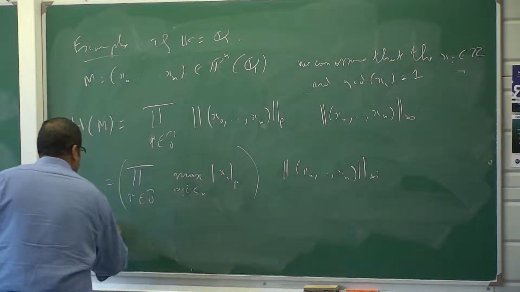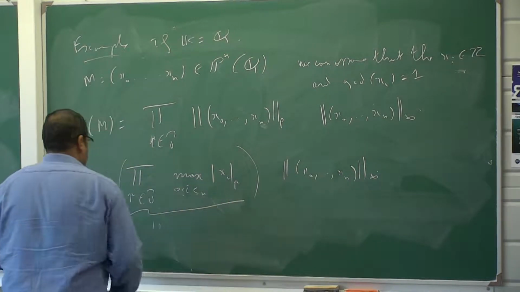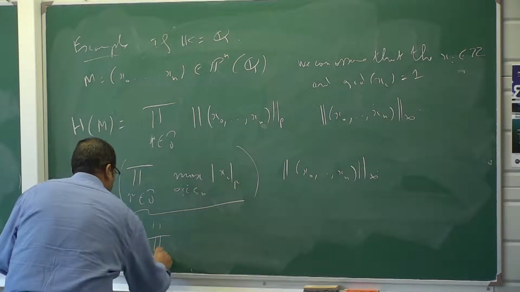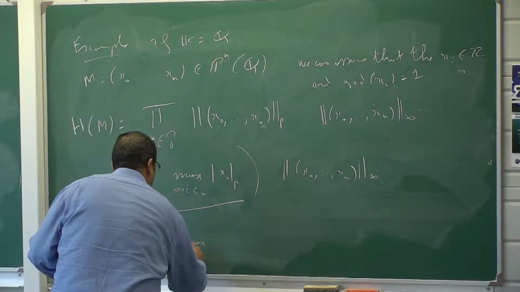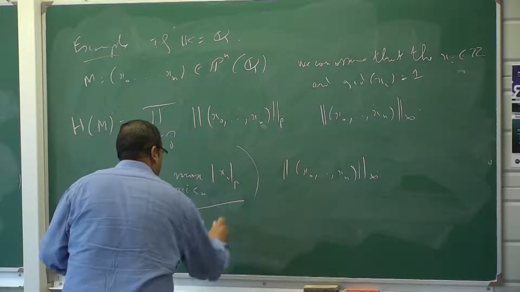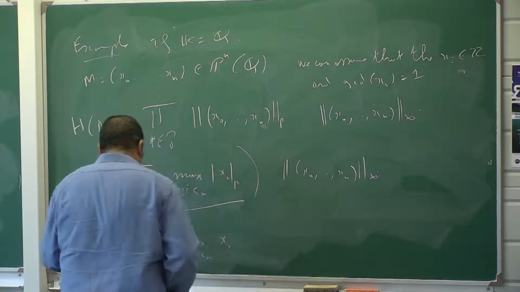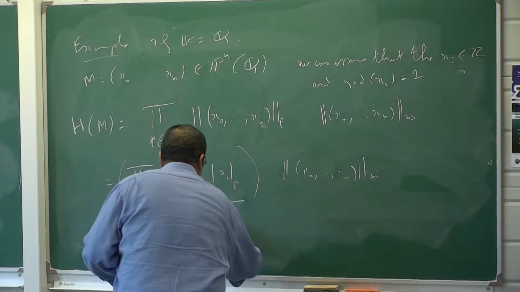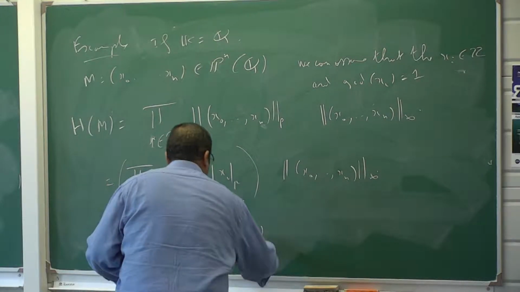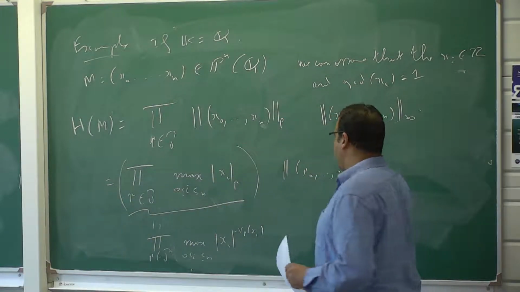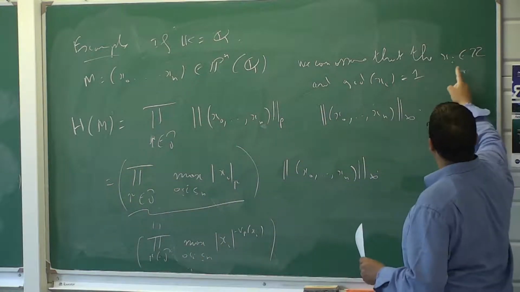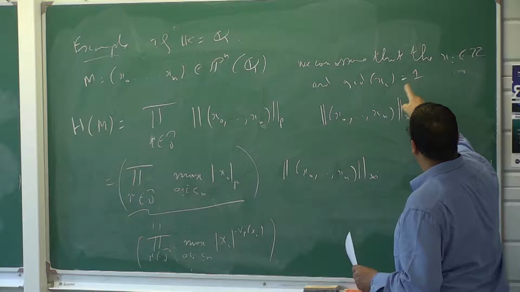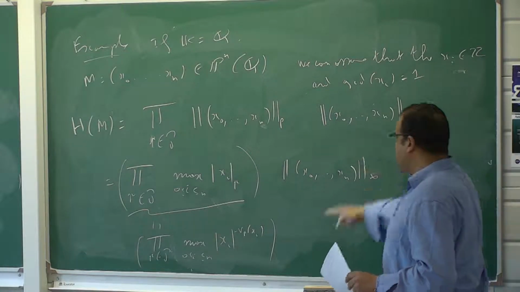And if you compute this part, this is the product over p prime of the maximum from 0 to n of p to the power minus v_p(x_i). But the x_i are coprime integers, so this maximum is 1.